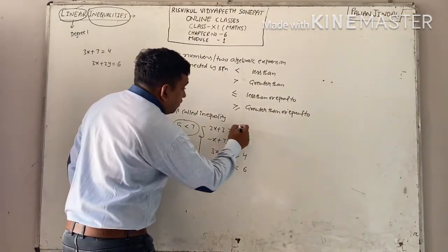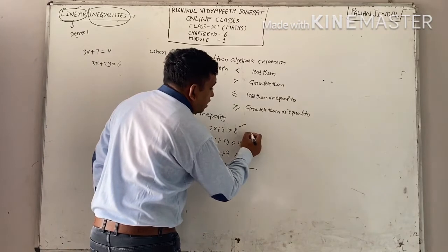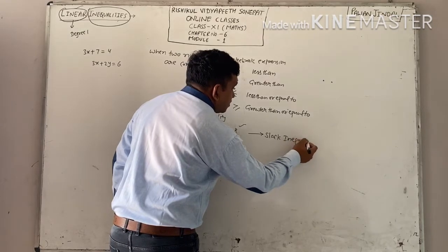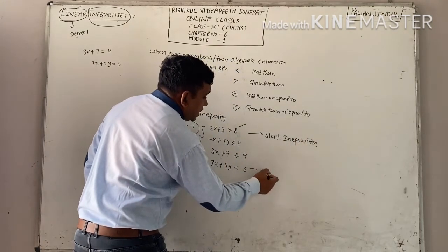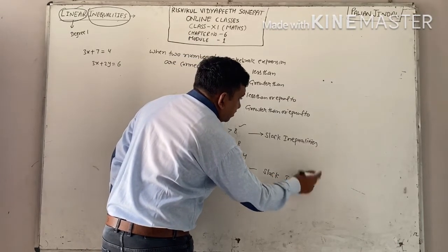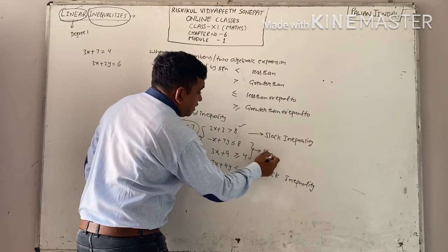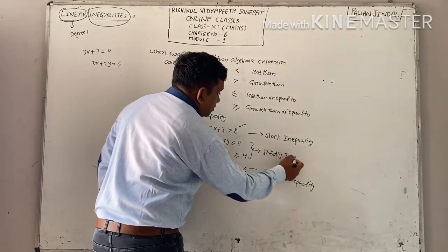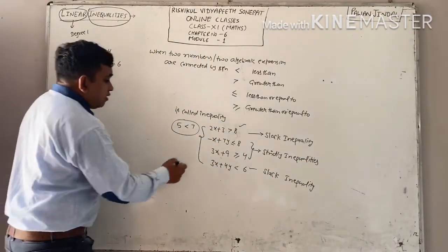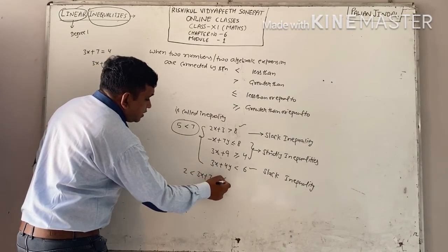Now, where less than or greater than sign comes, these are called your strict inequalities. Where less than or equal to and greater than or equal to come, these are called slack inequalities. I am writing one more. 2 less than 3x plus 7 less than 6.